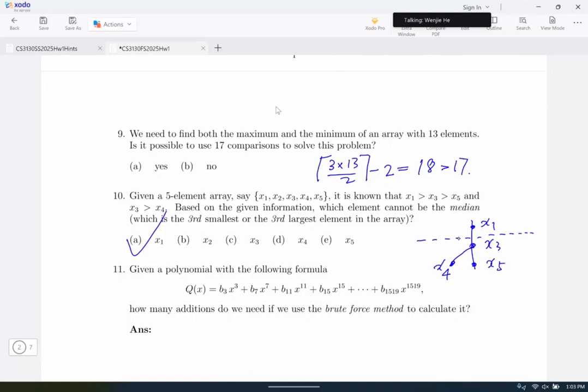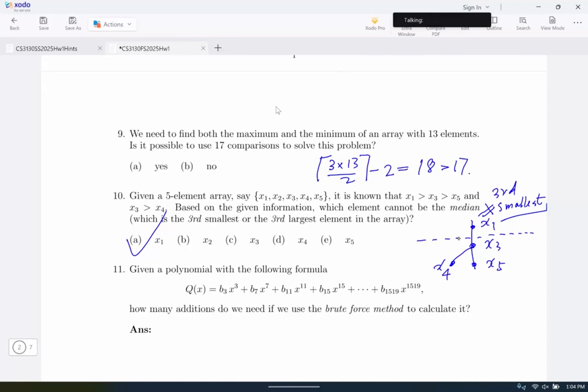Median must be third smallest, third largest. X1 is already greater than at least 3, so it cannot be the third smallest. Based on this observation, you can say X1 cannot be the median.